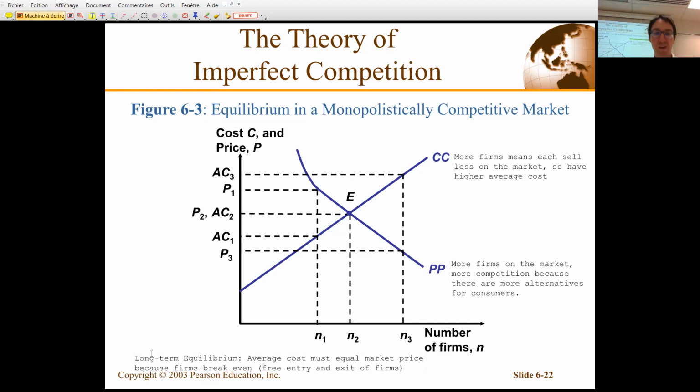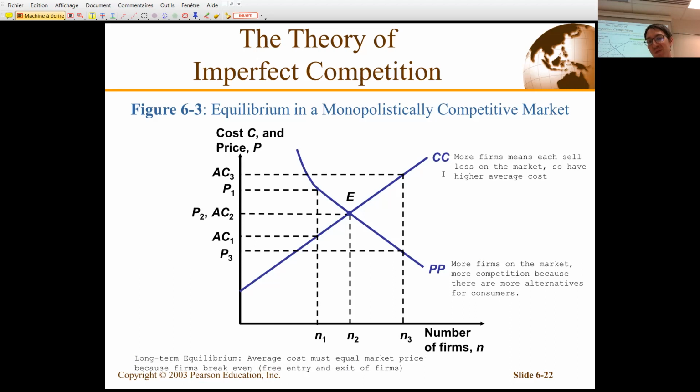All right. Yeah, exactly. So why do you get that? Well, because if firms make too much of a profit, then other firms can enter the market and start selling new brands. So that's going to increase competition and lower the price and increase the number of firms.